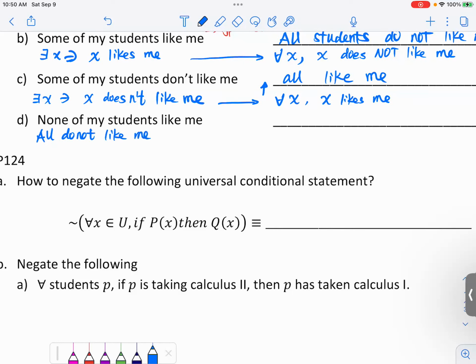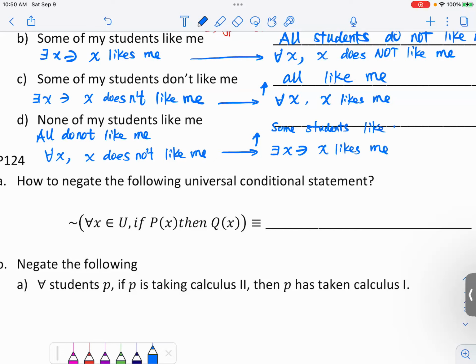So I'm going to say for all x, x does not like me. Its negation will be there exists x such that x likes me, and the English sentence will be some students like me.